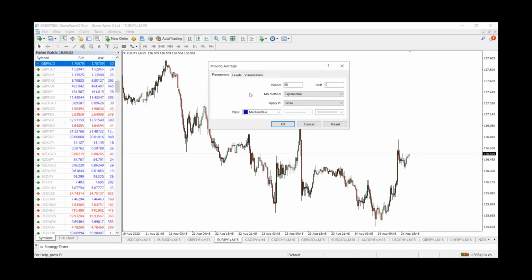All the daily closing prices that are being used, the simple moving average allocates the same weight to them, right? Let's say 1, 1, 1, 1 for each of them. But the exponential allocates bigger weight to periods that are fresher.